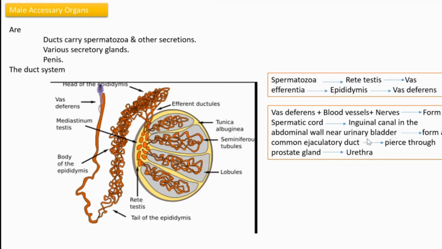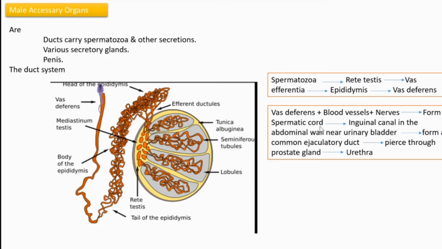These vessels come from the two testes, so it is possible to have two vas deferens, and then two spermatic cords.